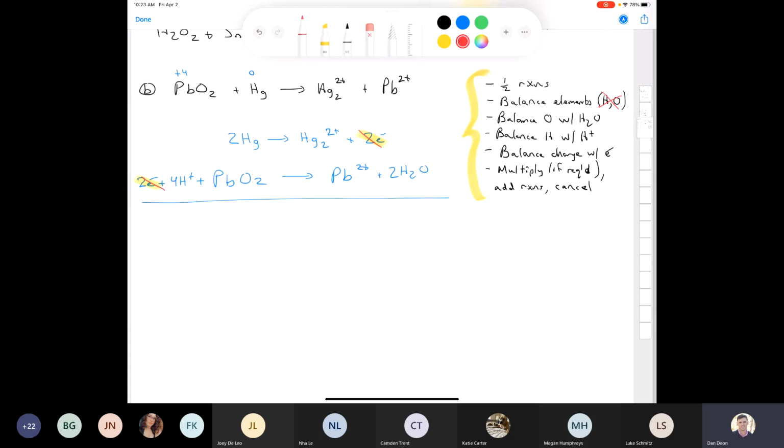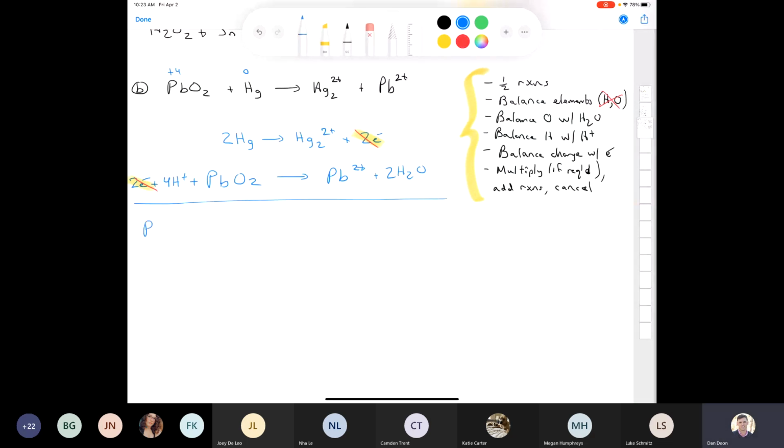And you end up with lead 4 oxide plus 2Hg plus 4 protons gives you Hg2 plus the lead 2 cation plus 2 water molecules, like that.